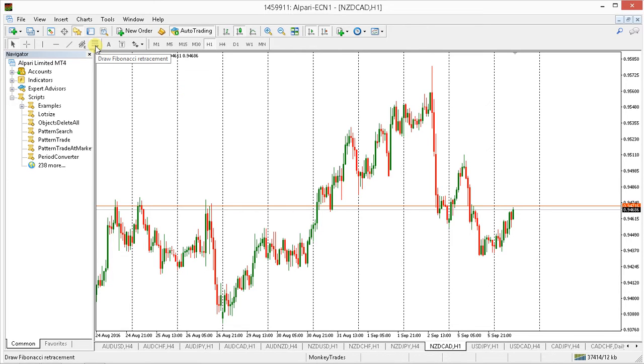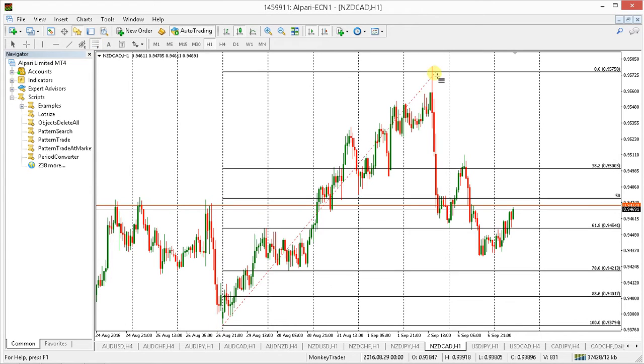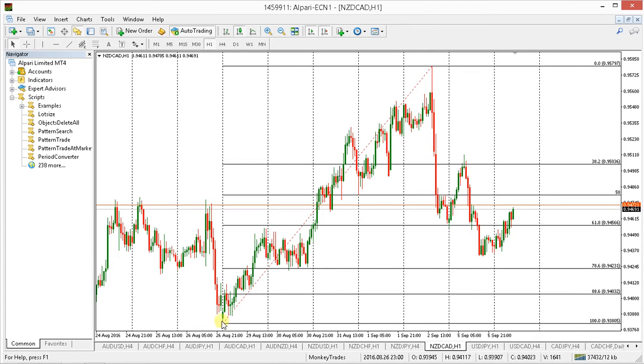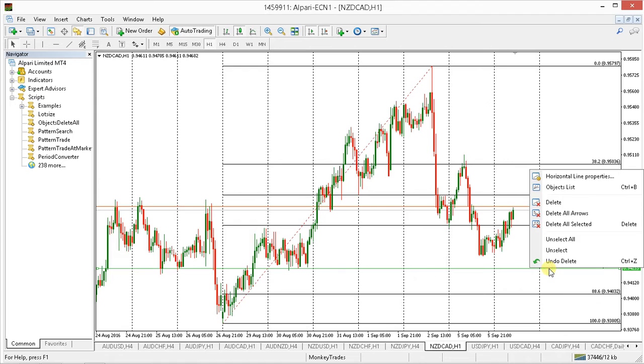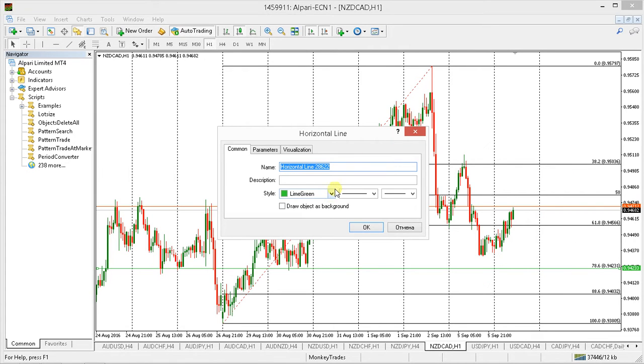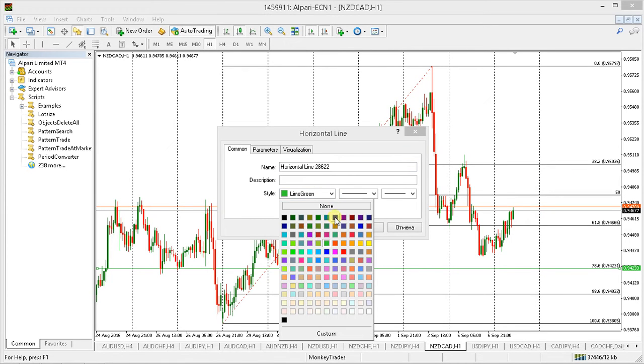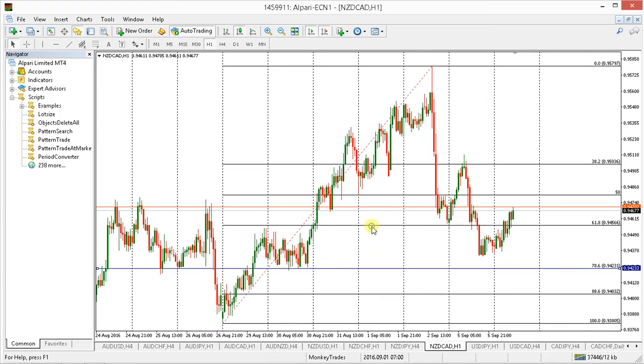Okay, after you have these points, X, A, B, and C, now you can calculate the entries. To do that, you stretch Fibonacci once again, measuring the XA leg. You take your line tool and place it at 0.786, like this. Let me mark that blue, because I love blue for entry lines.